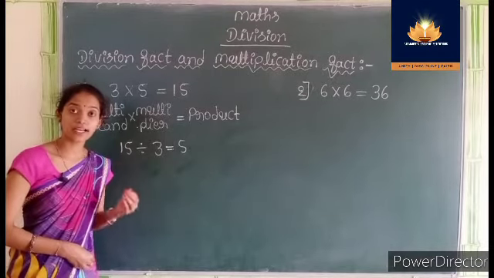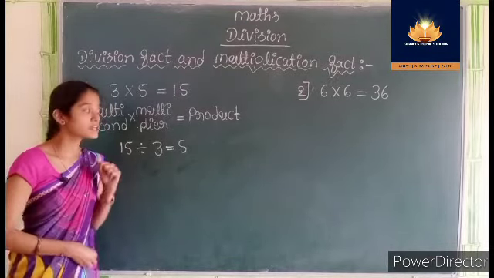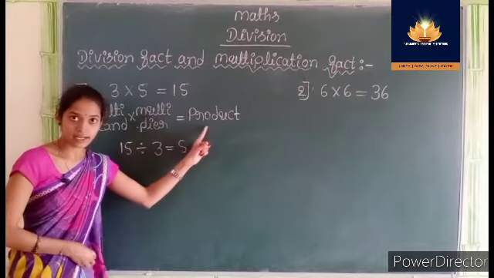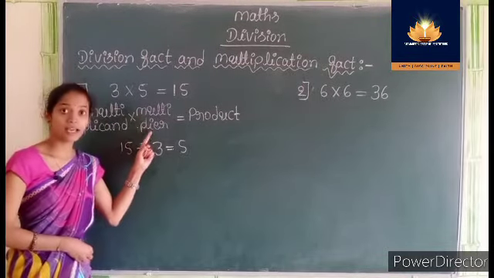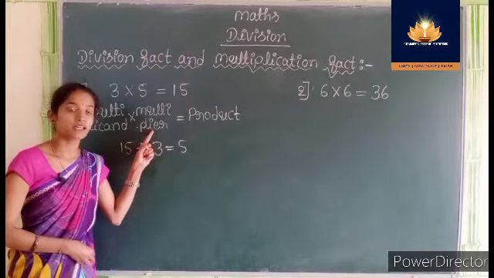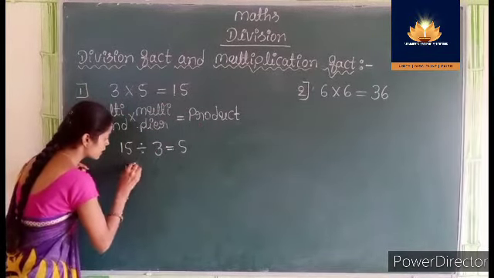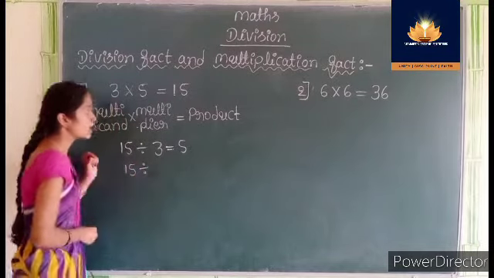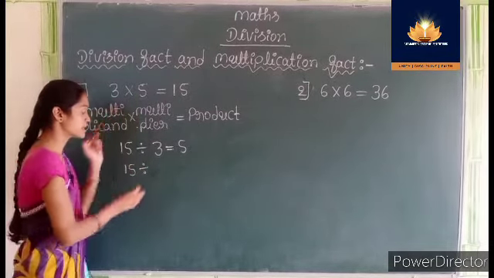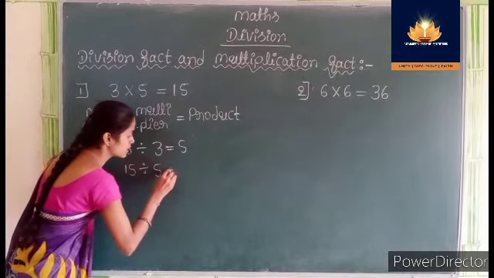And we can generate another division fact. See, product divided by multiplier. Here the product is 15 divided by multiplier, that is 5.